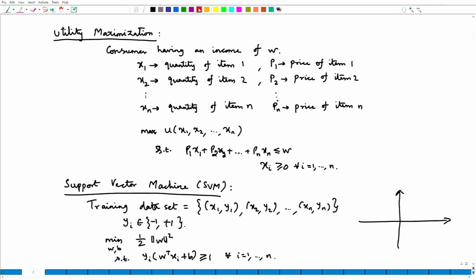So, let us say these are the points, okay, and those that are labeled as +1 I will draw in black. So, what SVM does is it finds the best separator between the set of points that are labeled as -1 and the set of points that are labeled as +1.